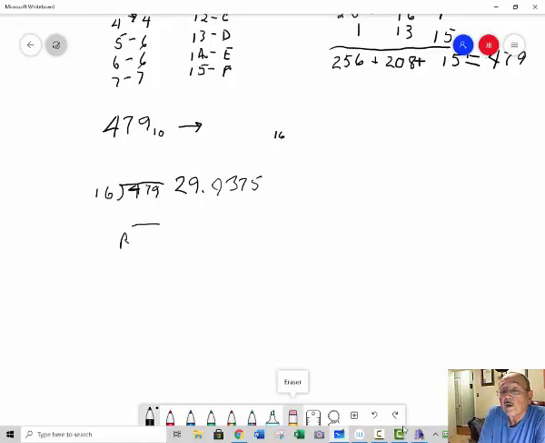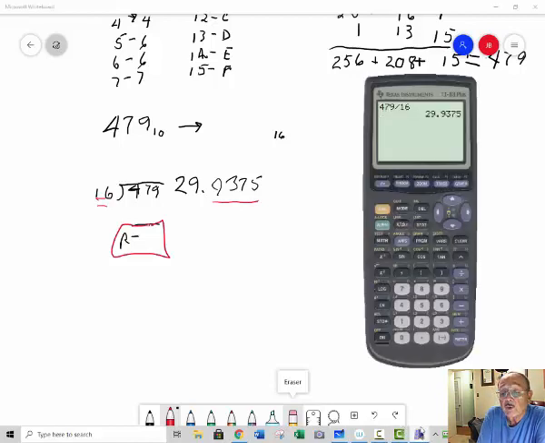Okay, basically what I'm interested in is what's this remainder here is all I want to know. That's the only thing that I want is this piece right here. What is the remainder? Okay, a couple of ways you can do it. You can take 16 times 0.9375 and that will give you the remainder. So let's see what it says.